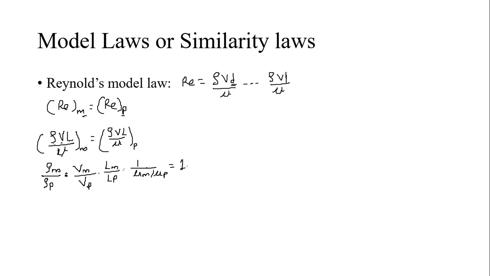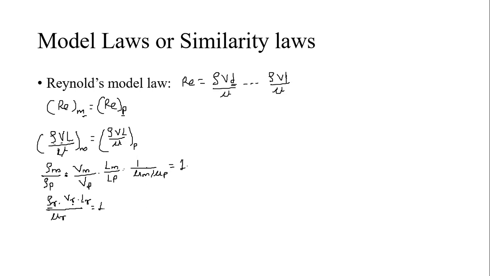Now we know density of model by density of prototype means the density scale ratio, that is rho r. Vm by Vp means the velocity scale ratio, that is Vr. Lm by Lp means the length scale ratio, Lr, divided by the viscosity scale ratio, that is mu r, equals 1. But what happens regarding the densities of the flowing fluid?